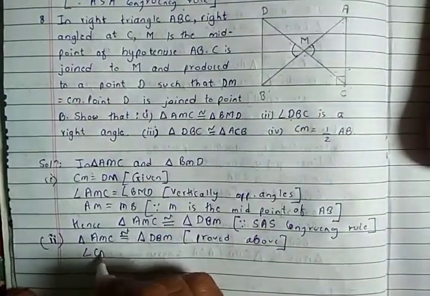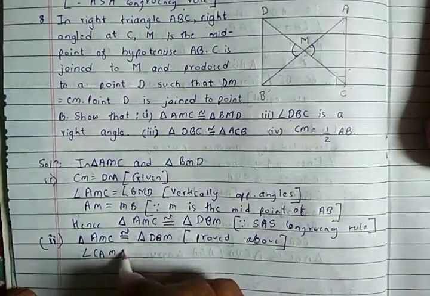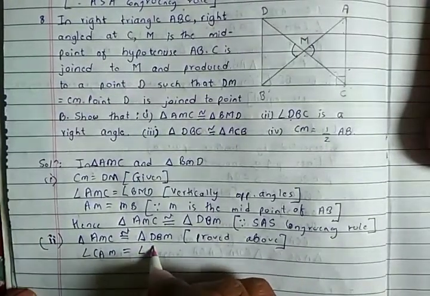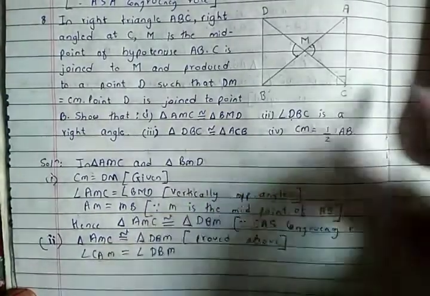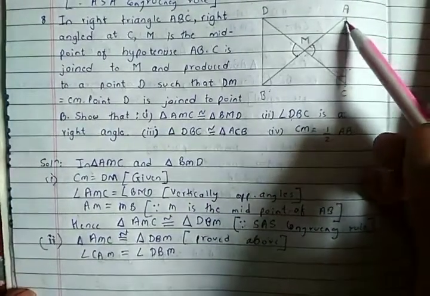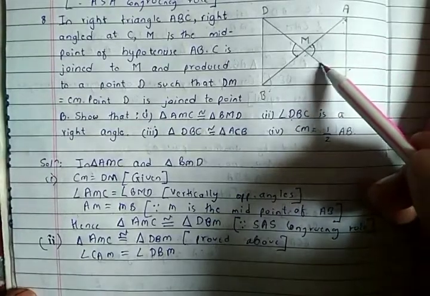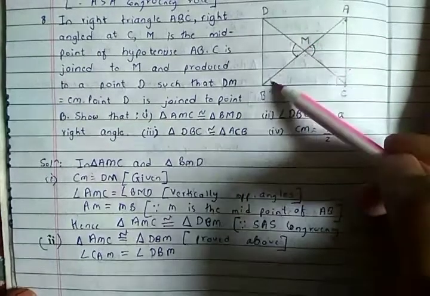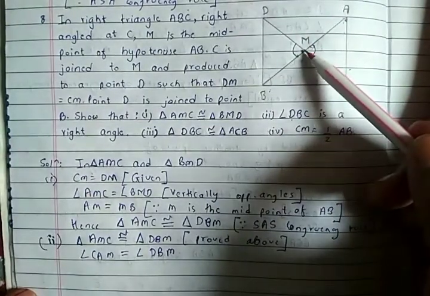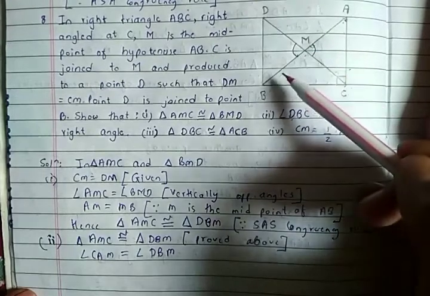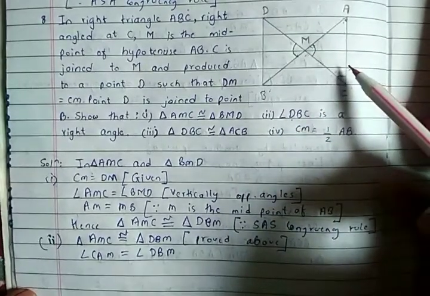Angle CAM is equal to angle DBM. How you can say that? Because corresponding parts of congruent triangles are equal.